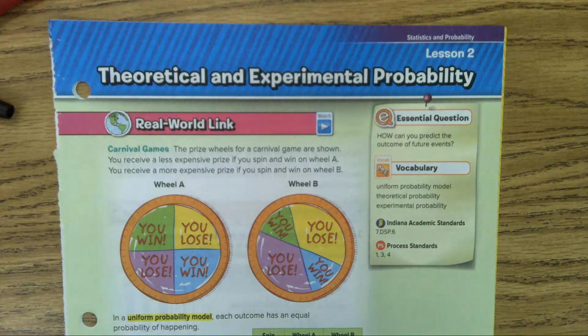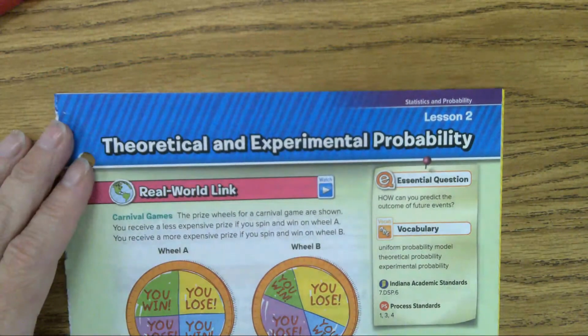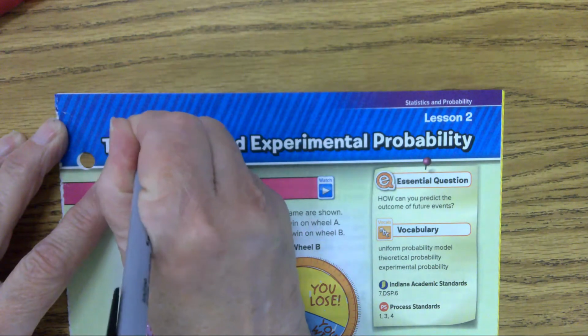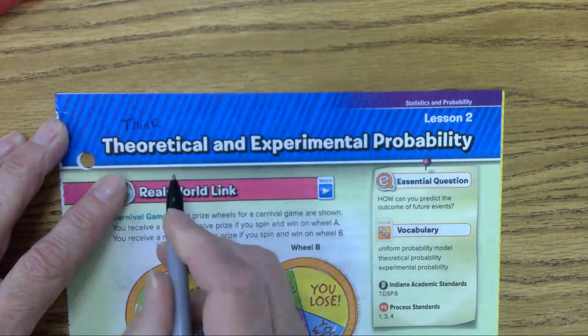Today we are going to do lesson 2 from chapter 9, and we're going to talk about theoretical and experimental probability. Have you by chance talked about this in science yet? The different types of probability in science? Okay, just curious. Theoretical probability is where you are thinking, "I think this is what's going to happen."